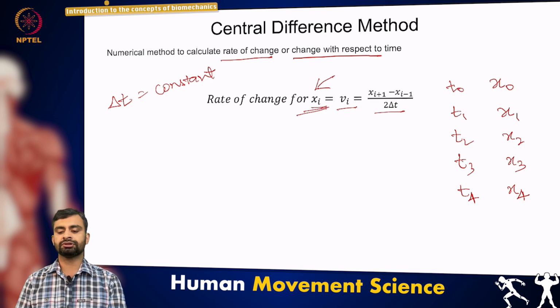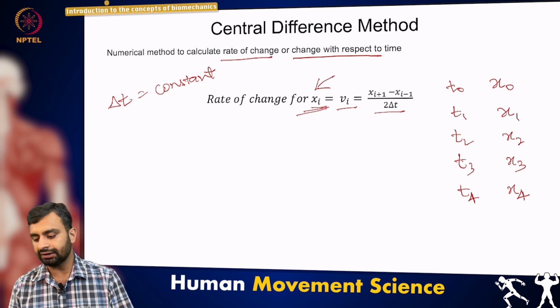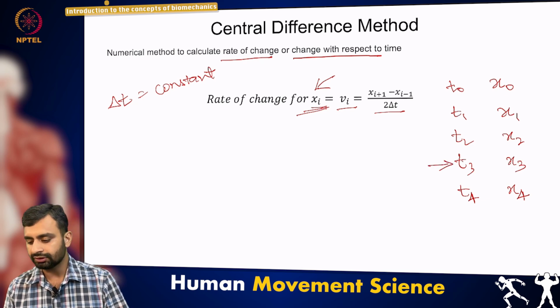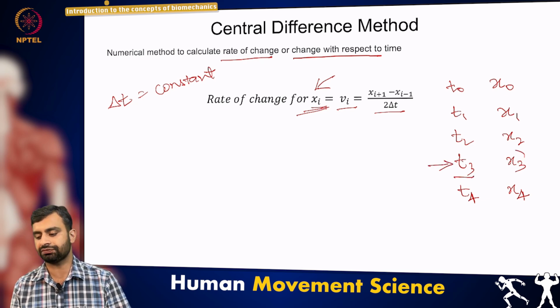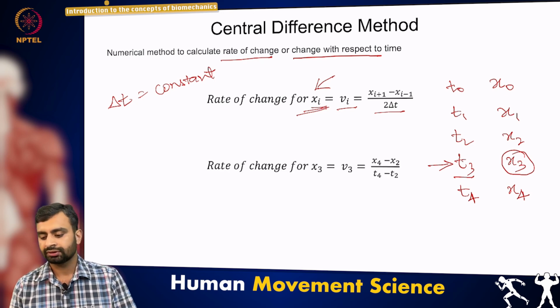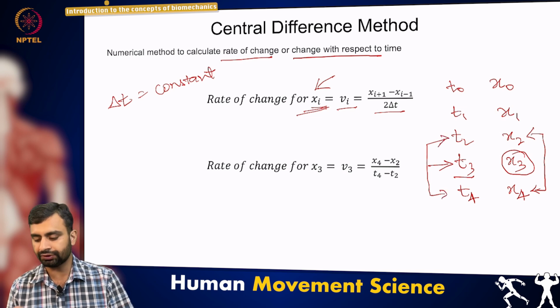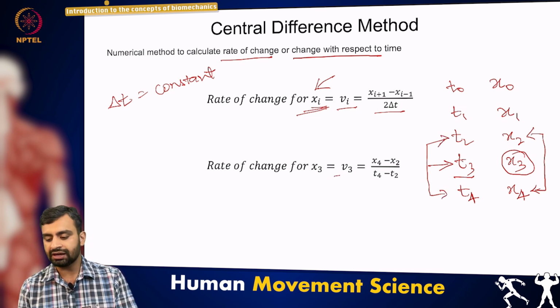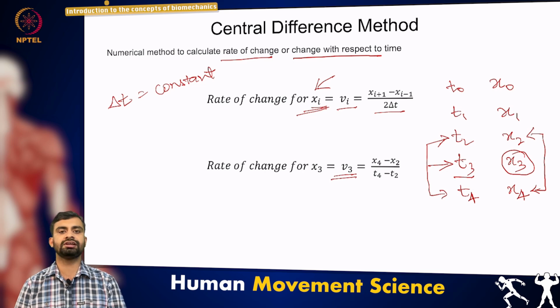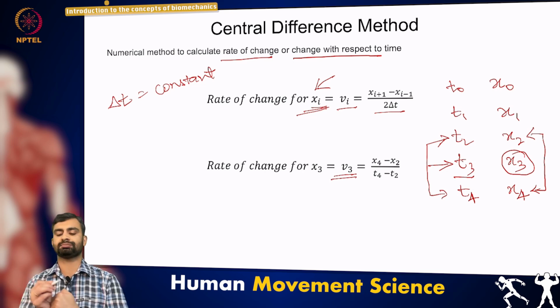According to central difference method, if we are interested in finding the velocity or rate of change of x3, it is given by the difference between the values of x4 and x2 divided by the time between t4 and t1. This way we can calculate the velocity from numerical data for position or displacement.